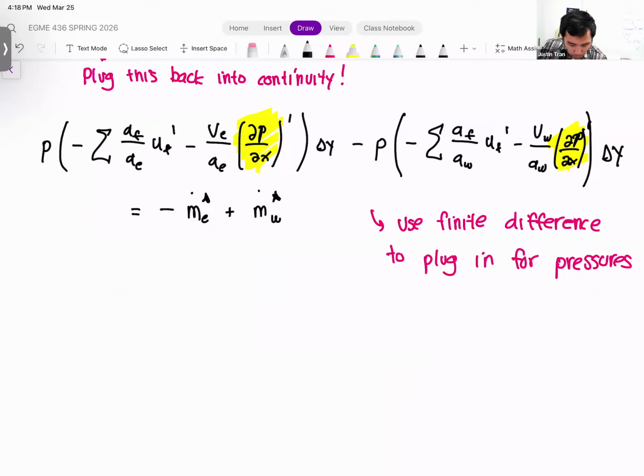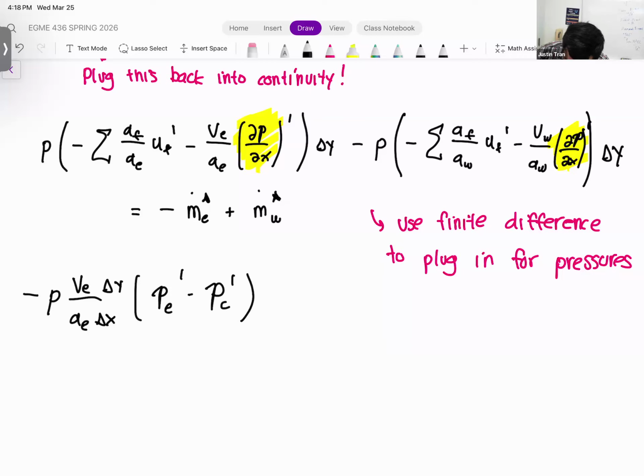And so I'm going to leave all the pressure terms on the left-hand side. On the left-hand side, we have minus rho times VE divided by AE, delta X times delta Y up top, times PE prime minus PC prime.